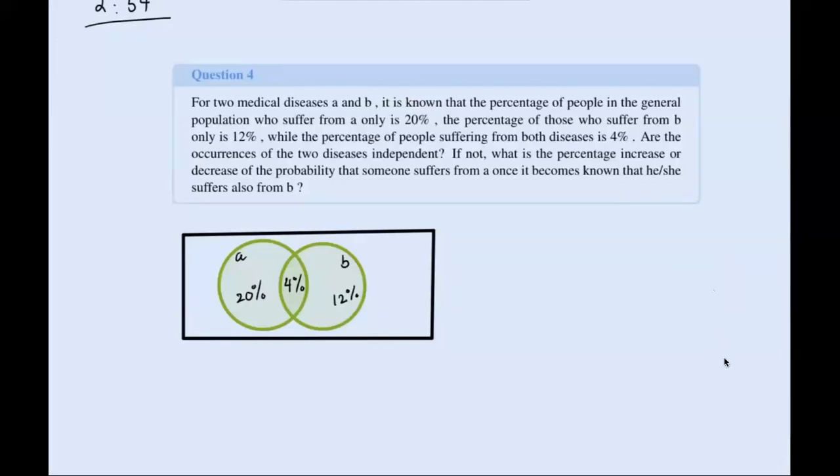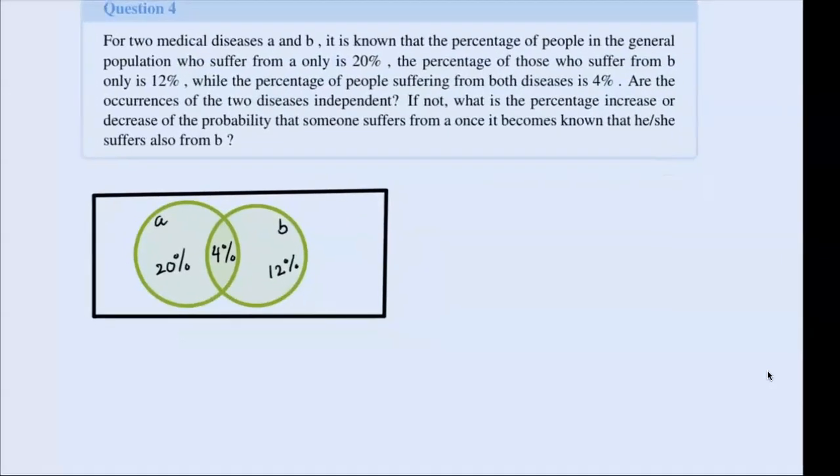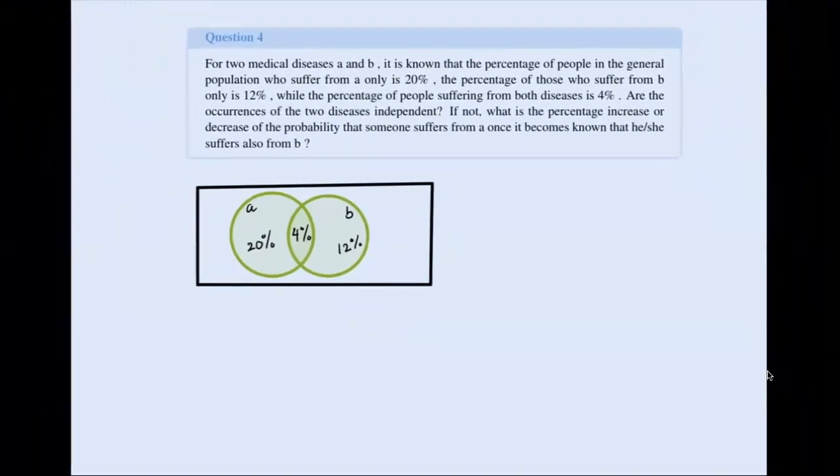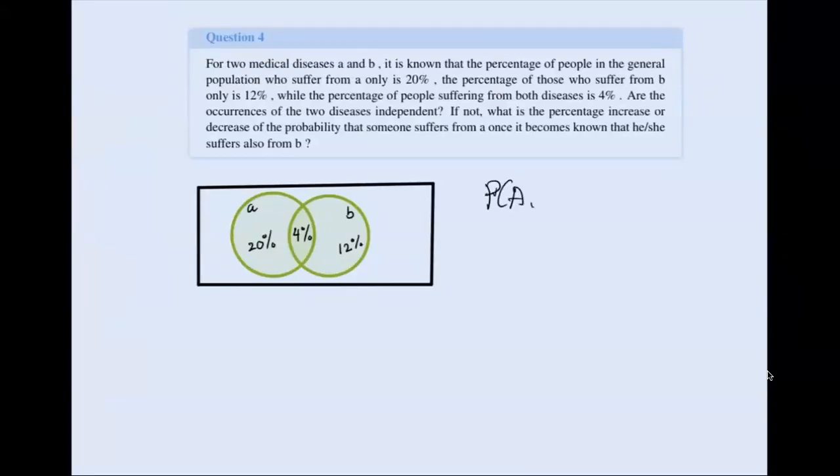We can do this using algebra, right? Yes, you can. What you can test is to check whether the probability of A intersect B is equal to the probability of A times the probability of B or not. If they are equal, then having the two diseases is independent.